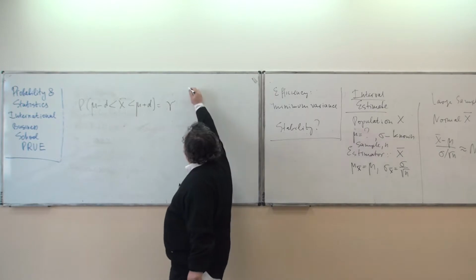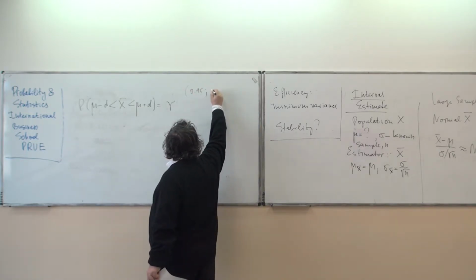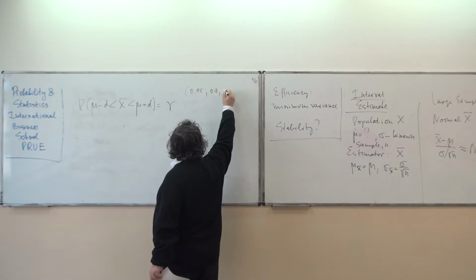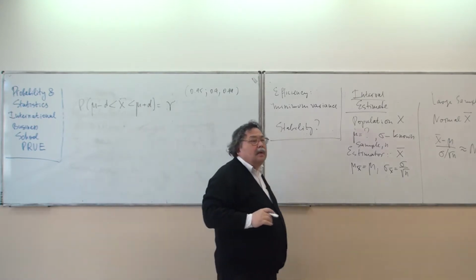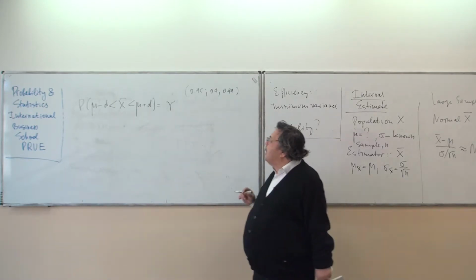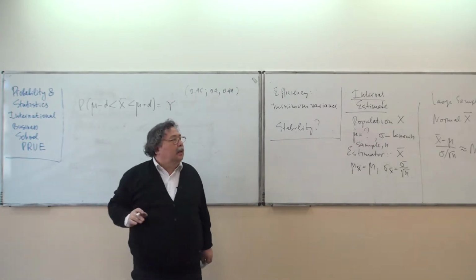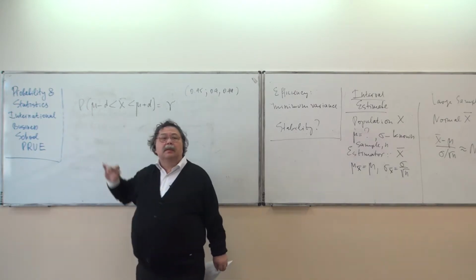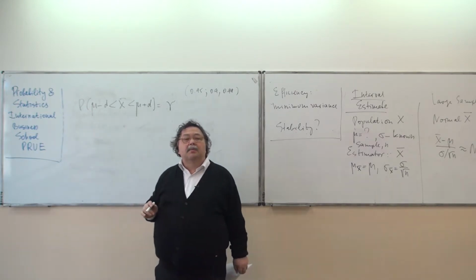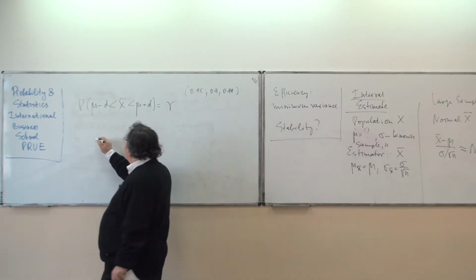The typical values are 0.95, 0.9, 0.99, like this. So gamma is a probability whose value is close to 1. And then we can write this equation. We look for a value of d such that the probability that x bar falls within this interval is equal to gamma.